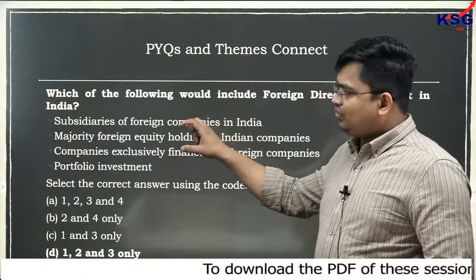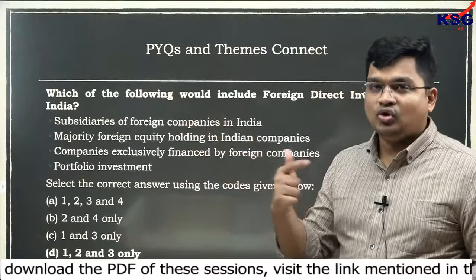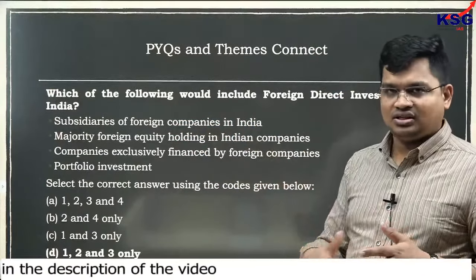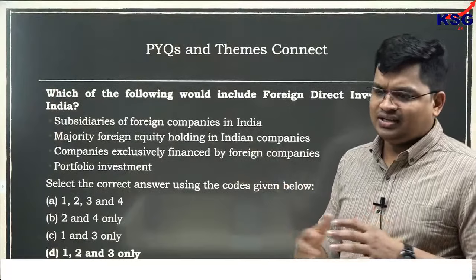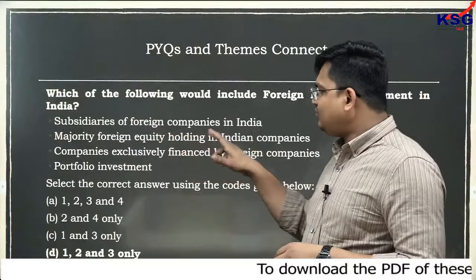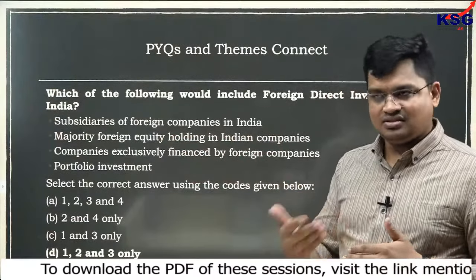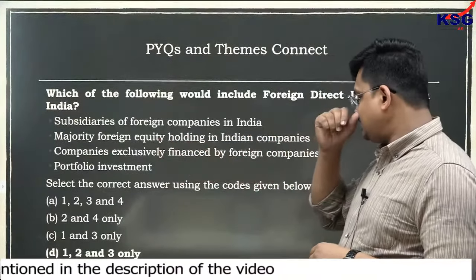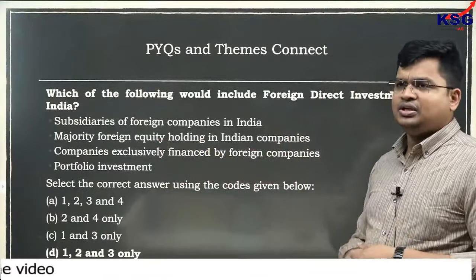Subsidiaries of foreign companies in India could be foreign direct investment. Majority foreign equity holding in Indian companies could be part of FDI, and companies exclusively financed by foreign companies could be a part.